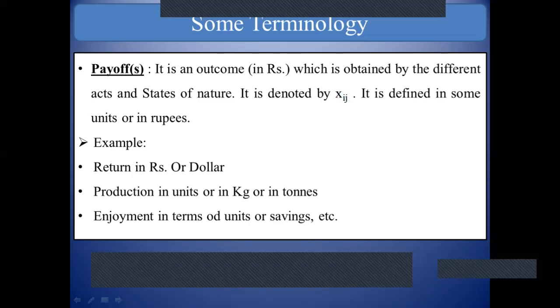And when you combine acts and states of nature, then you will get some amount, and that amount is known as payoff. When we have only one amount, it is called payoff, and when we have more than one amount, then they are called payoffs.